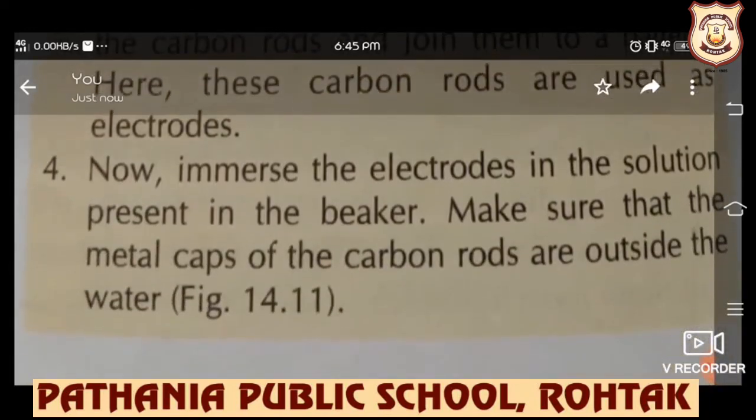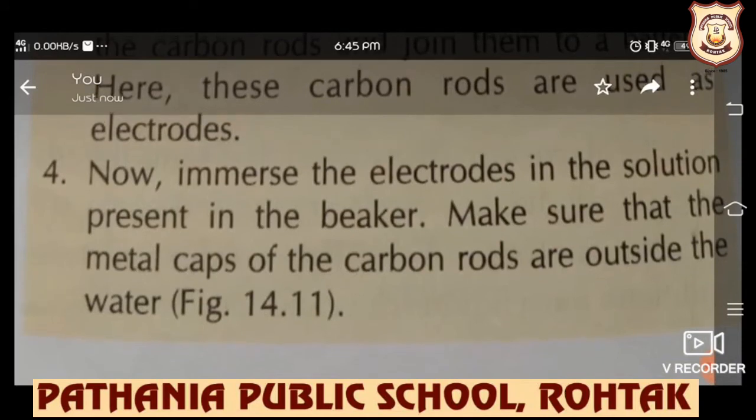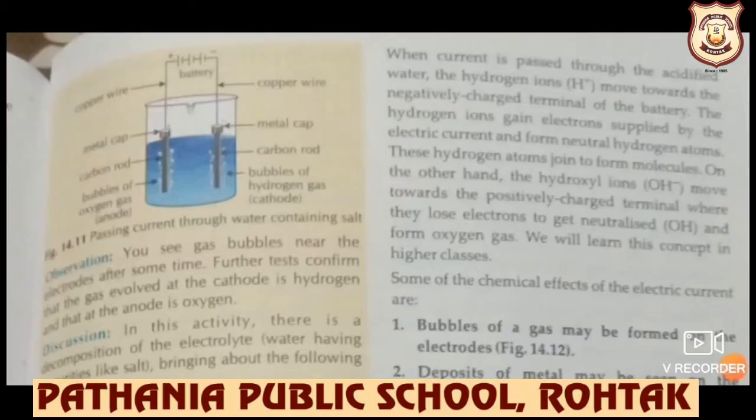Make sure that the metal caps of the carbon rods are outside the water. Now I will show you the arrangement. See, this is the beaker. You have to take two carbon rods. This is the metal cap. So this type of arrangement is required.